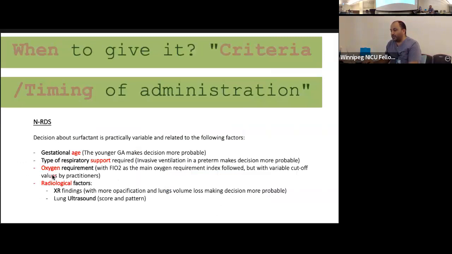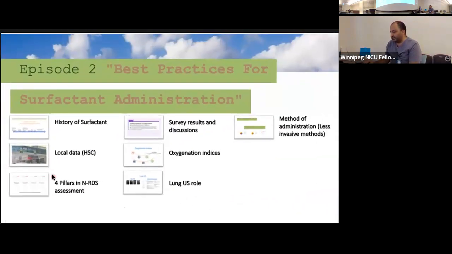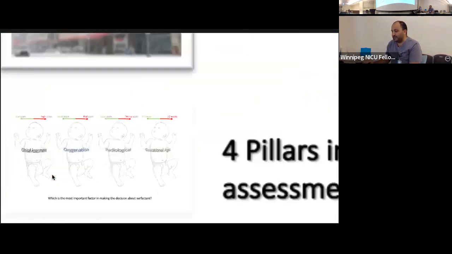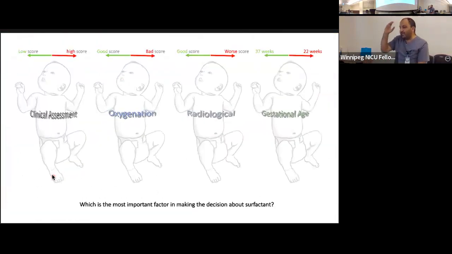Okay, now when we discuss when to give the surfactant, I can think of only 4 pillars, or a collection of things that can define the criteria for surfactant administration. I group them into 4 groups.